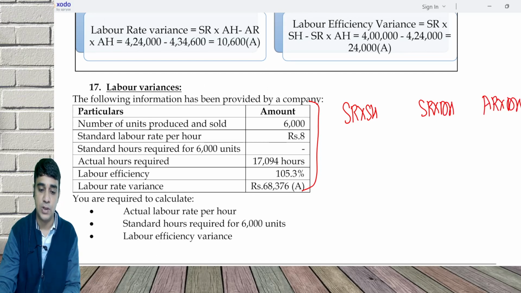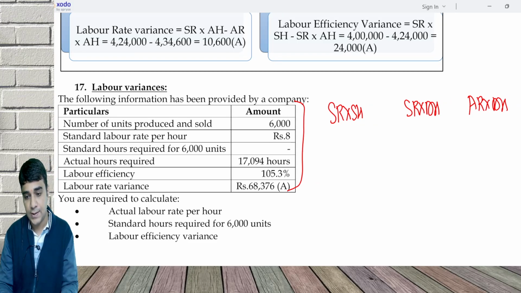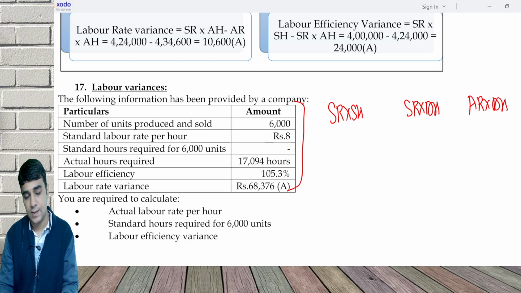First let's close the computation table and then we get into specific calculation. SR into SH, SR into AH, AR into AH. Whatever information is available, let's write that first.